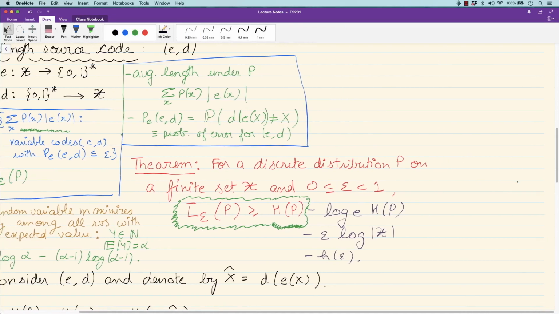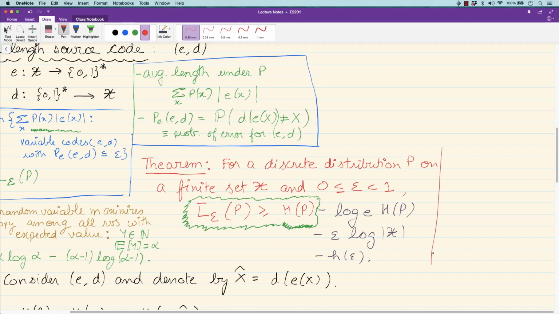Actually, to be slightly more careful, what we have shown is that L bar epsilon P is either greater than H of P, or L bar epsilon P is greater than this quantity here, H of P minus this part, whichever is smaller.